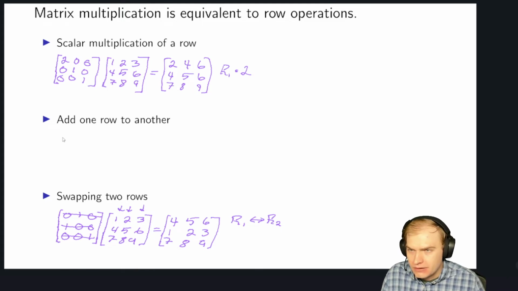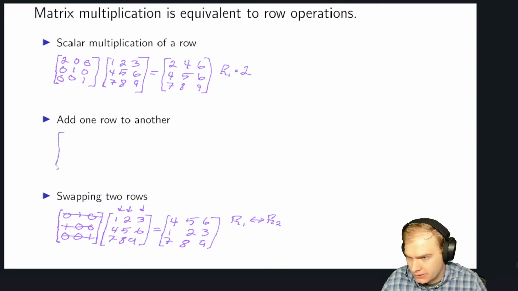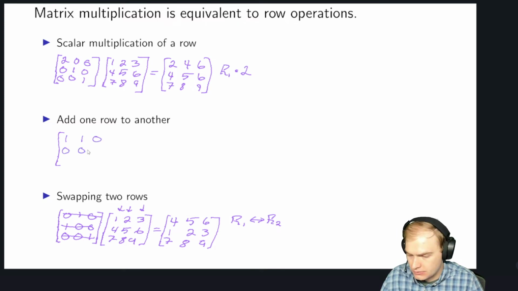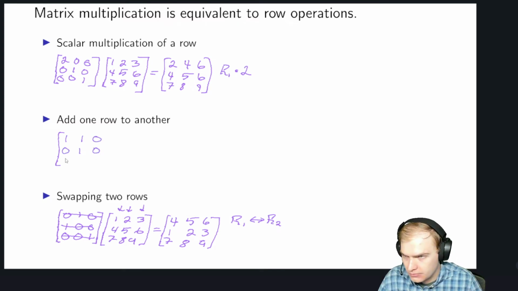And finally, our third row operation was to add one row to another. So we're going to use this matrix.